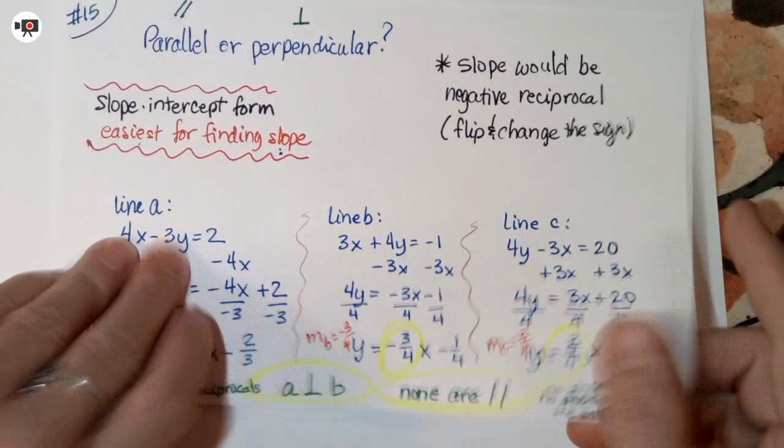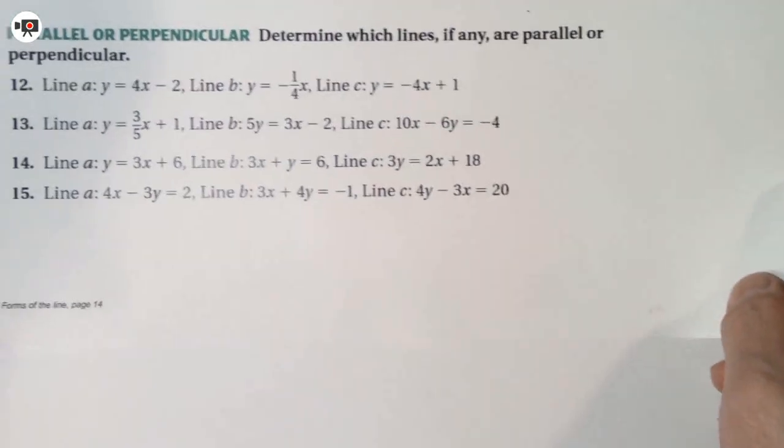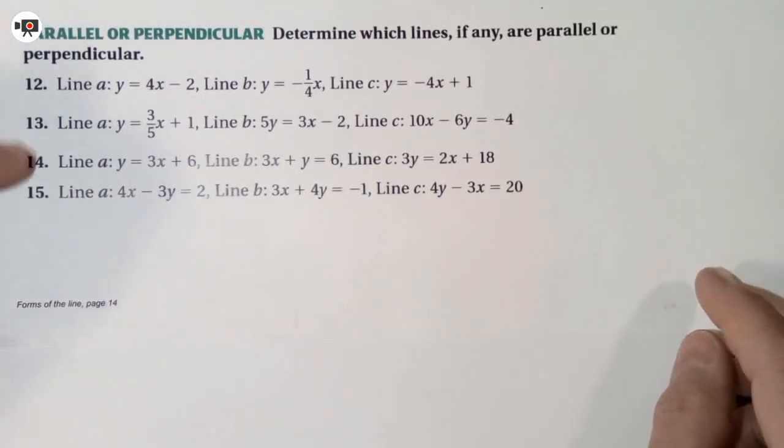So, I want you to please do these problems right here. We just did number 15, so I want you to do 12, 13, and 14. So pause, do 12, 13, and 14.